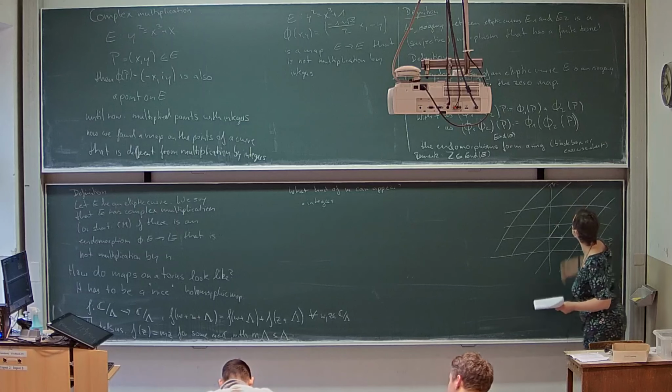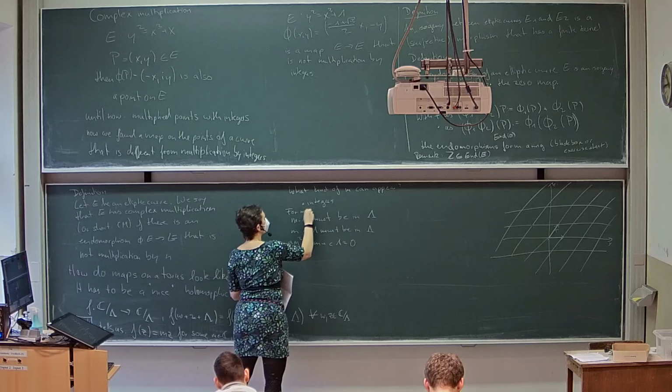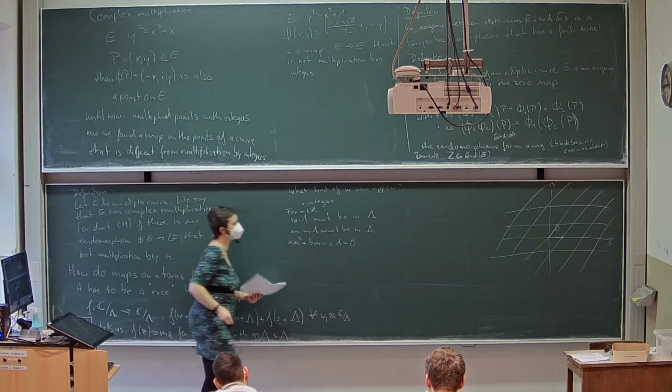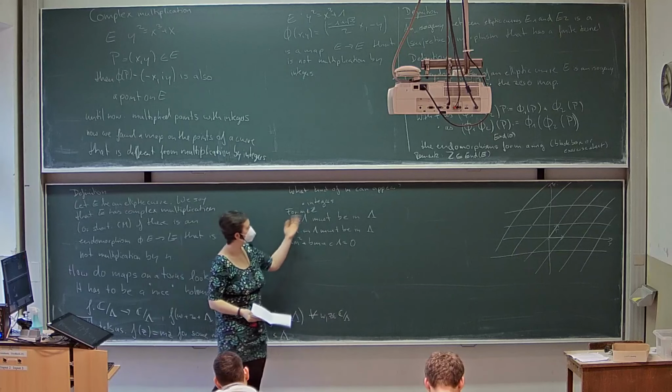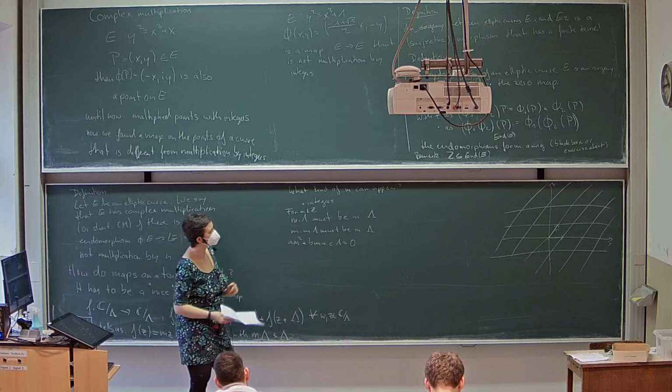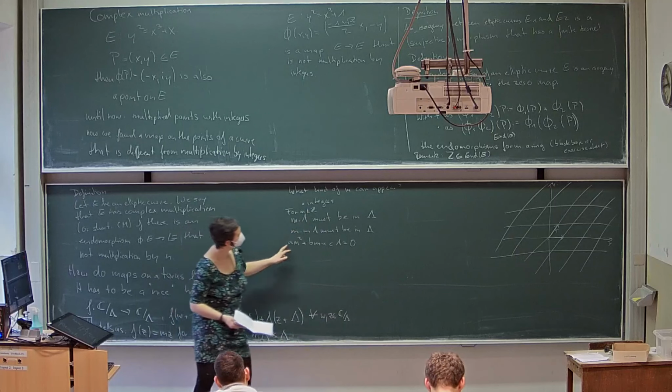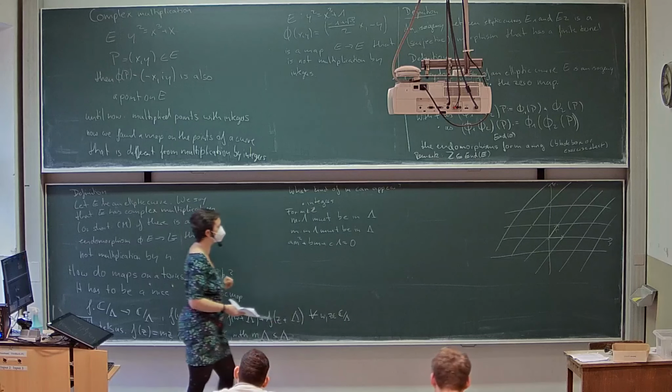And if 1 is a lattice vector and M is a lattice vector, and M is not an integer, then M and 1 are also different basis vectors, and we can put this here.